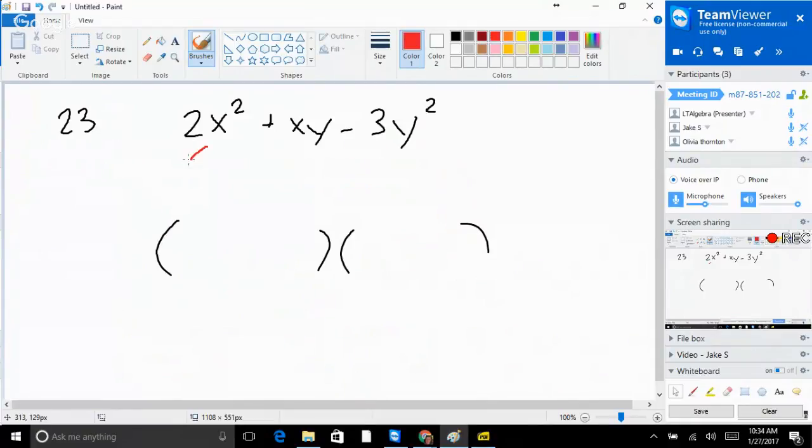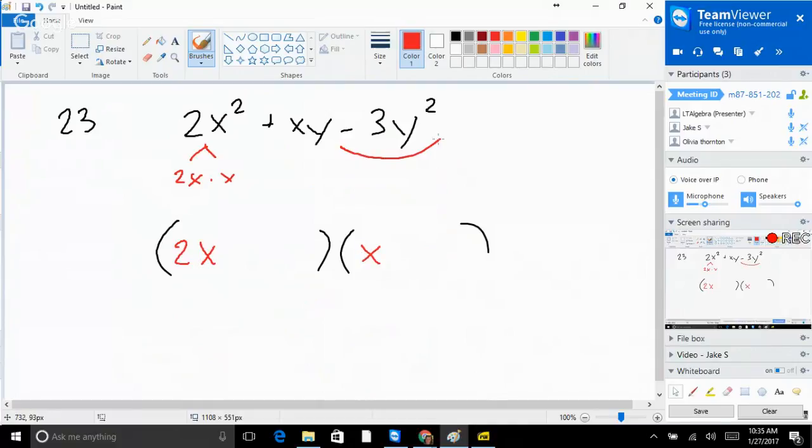Well, we got to look at our first term and figure out how can I make 2x squared? Well, thankfully, there's not a whole lot of ways you can make it. You can only make it by doing 2x times x. That's the only way to make 2x squared, right? Or x times 2x, but it's basically the same thing. So we know one of these is going to be 2x and one of these is going to be x.